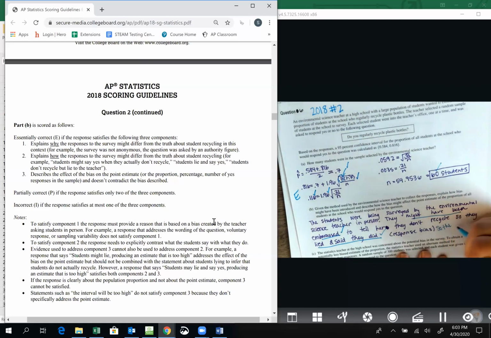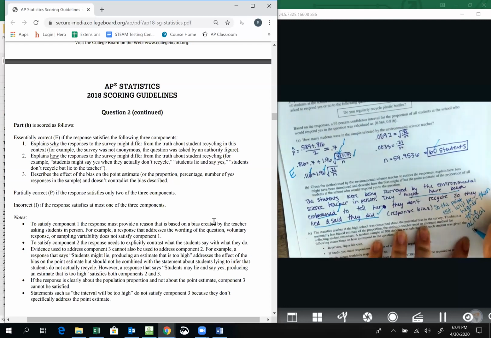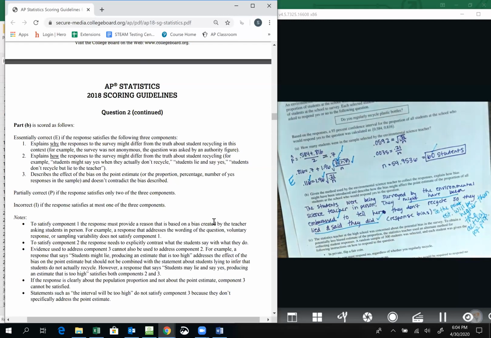So the point estimate will be higher than the actual population proportion. Or so more students will say yes than actually should have.